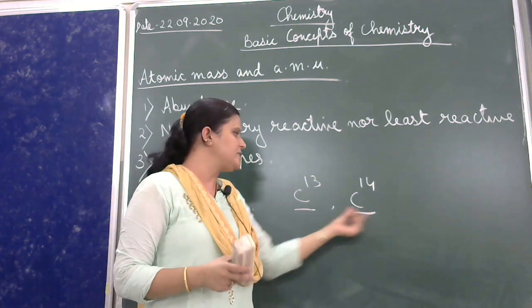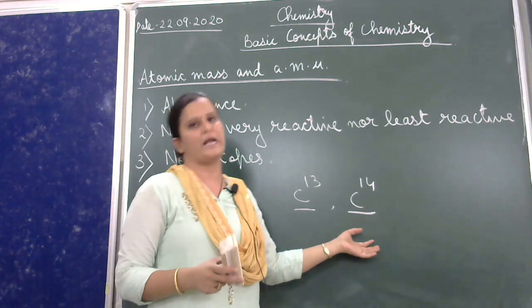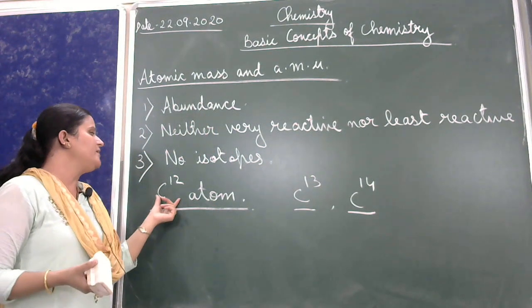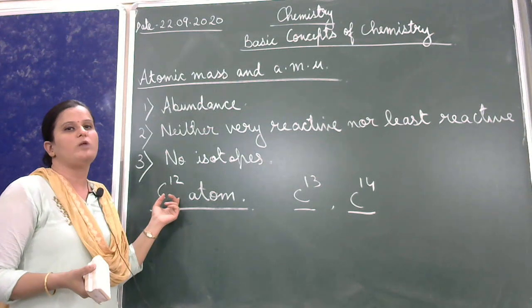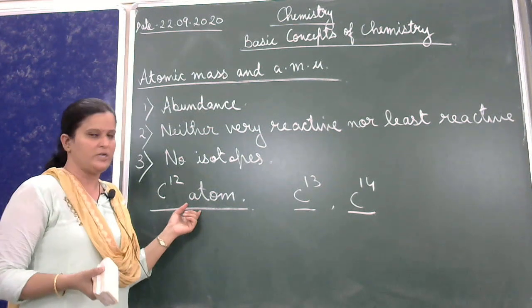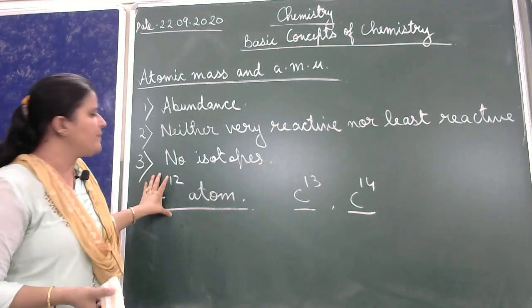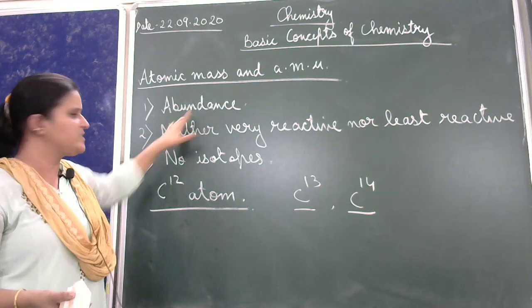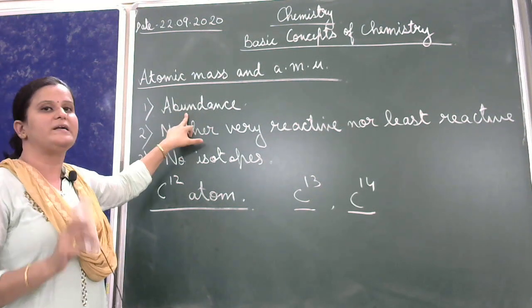Carbon 13 is less than 1% and carbon 14 is almost negligible. Means in nature, the carbon 12 isotope is almost 99%. That is why the carbon 12 atom could be taken as standard, because it is almost the fifth most abundant element.